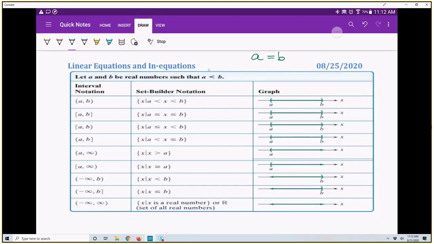So you have A is less than B, or A is greater than B, or A is less than or equal to B, A is greater than or equal to B. So when you have one of these, you have an inequality.